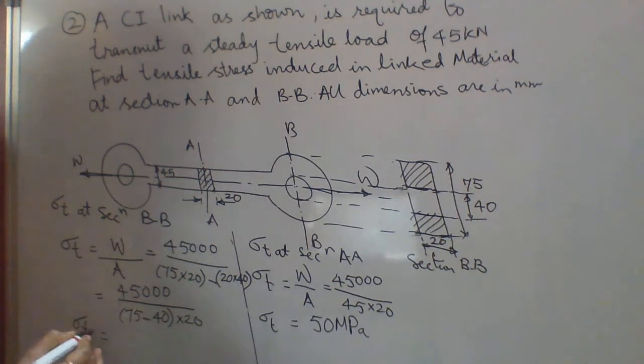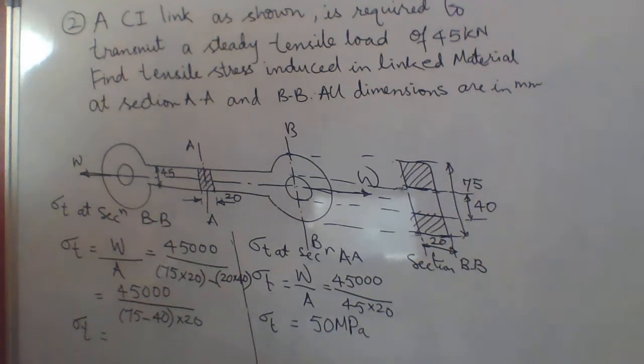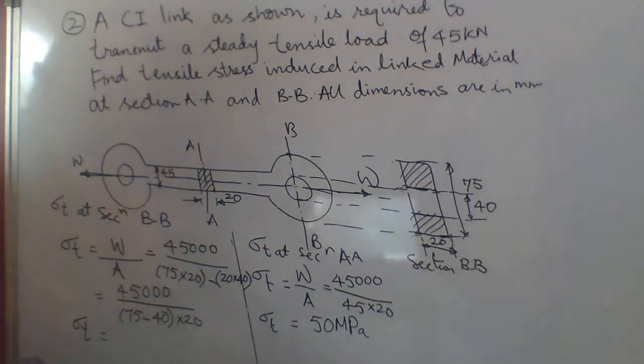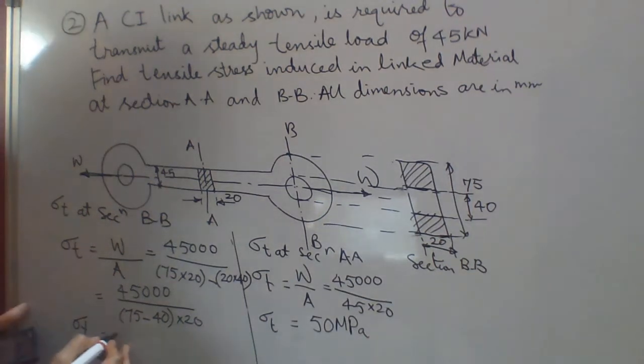Take your calculators and solve this. 45,000 divided by 75 minus 40 into 20. You can use brackets in order to reduce mistakes. It is 64.28 megapascal.